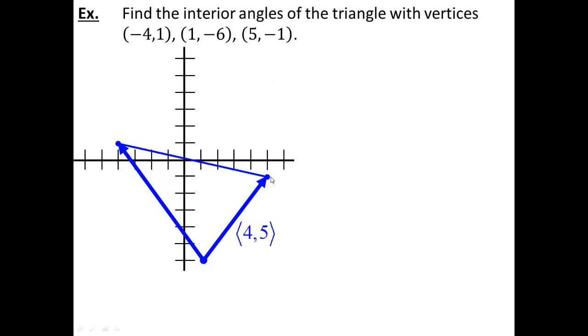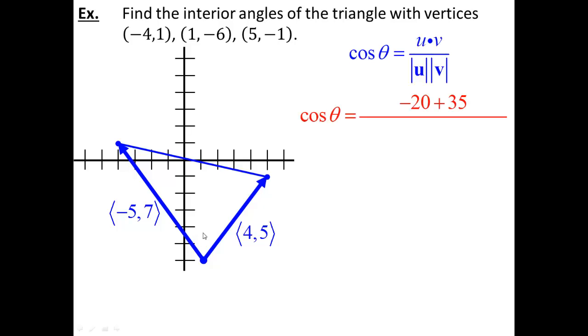So that's the vector 4, 5. And then for the other vector, I can use these two coordinates where -4, 1 would be the head, 1, -6 would be the tail, -4 minus 1 is -5, 1 minus -6 would be 7. So here are my two vectors, and the question is to find the interior angle, so I can use the angle between two vectors formula to find this angle right here.